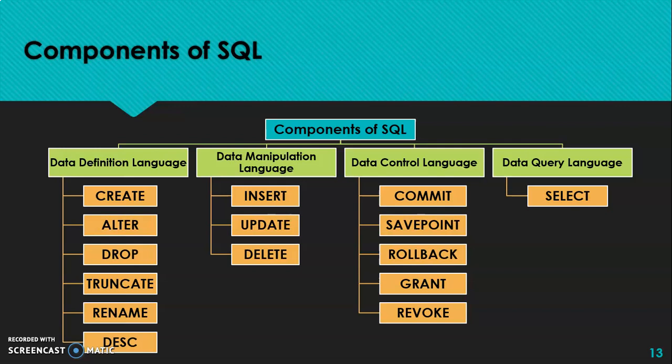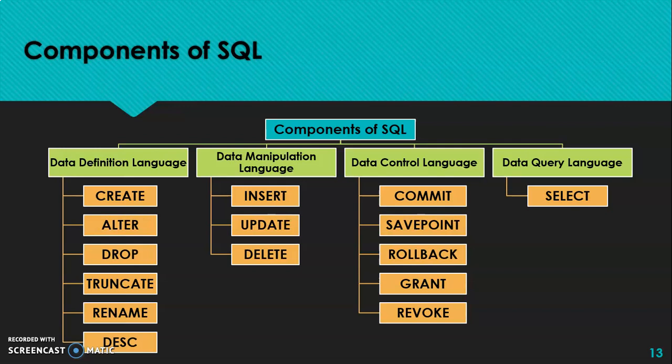And the last one is the data query language. To generate different reports based on different criteria, you cannot list a certain set of criteria. There are n number of criteria that can be formed depending upon the situation and the requirements. These criteria generally use select.